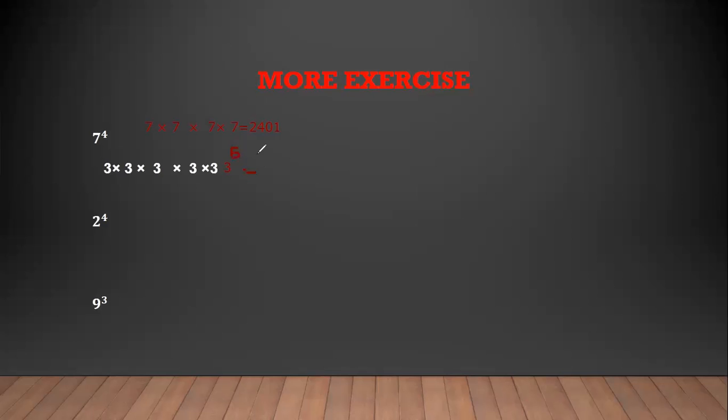Okay, 3 power of 5: 3 by 3 is equal to 9, by 3, 27, by 3, 81, by 3, 243.